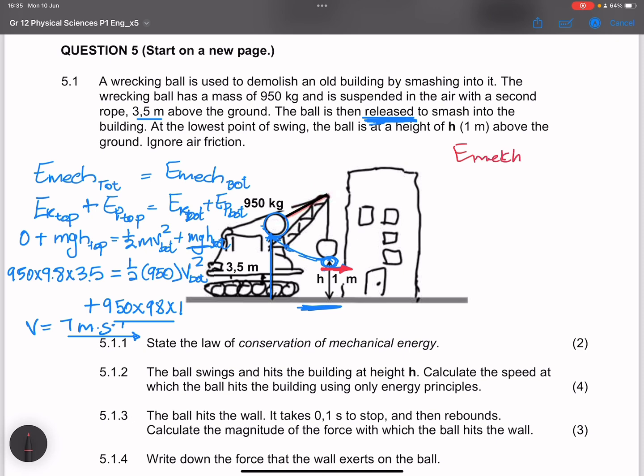Emech top equals Emech bottom. I keep writing this incorrectly at the bottom.